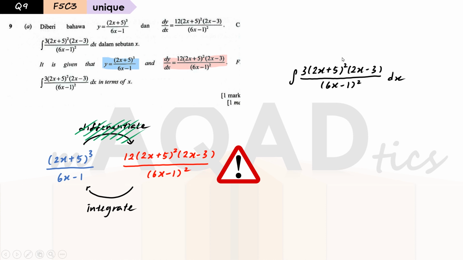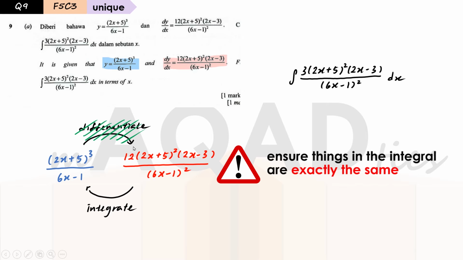So in the integral here, we need to make sure the things are exactly the same, then we can integrate. But if you compare, there's a bit of difference, which is the value of 3 and the value 12 here. So we need to change this 3 to be 12.